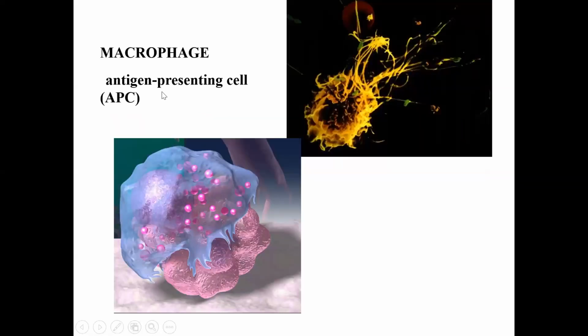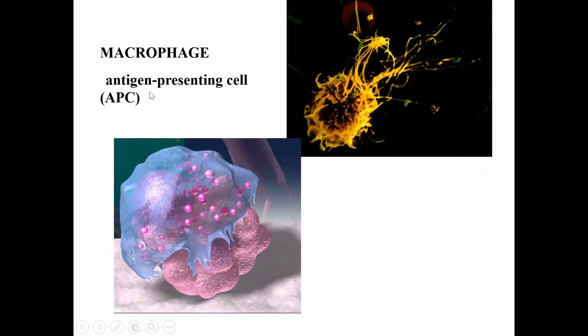Next one is the macrophage. A macrophage is called an antigen presenting cell, or APC. I will explain this. Besides macrophages, we have dendritic cells and B lymphocytes. They are all antigen presenting cells.